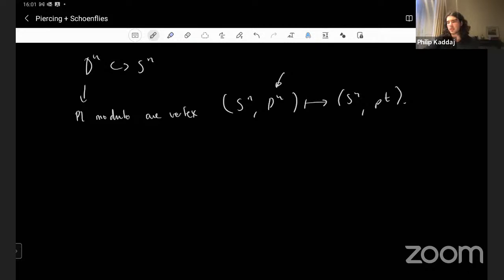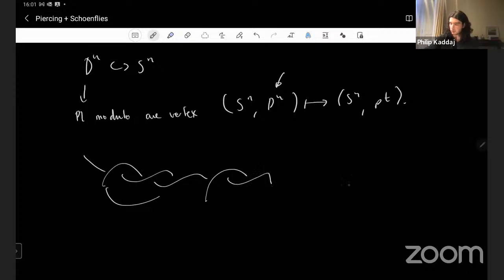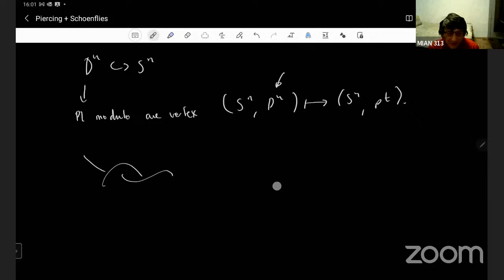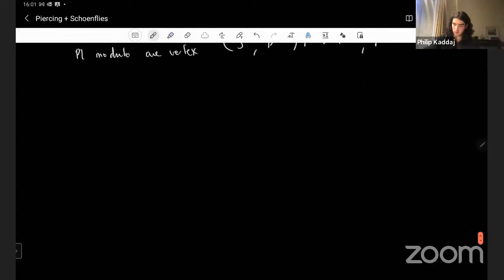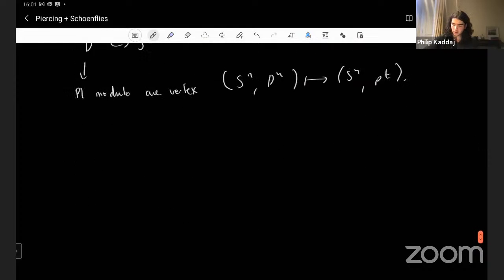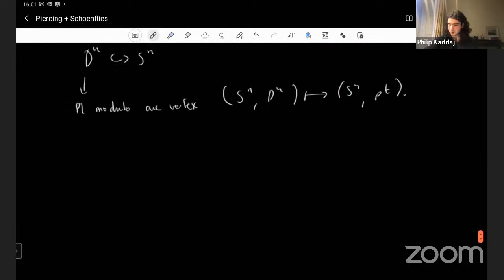Wait, so your claim is that this infinite trefoil knot with one segment added has a non-trivial fundamental group? Yes. Okay, thank you. Then I agree.